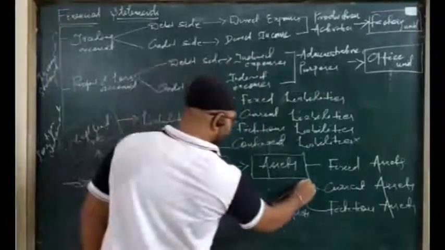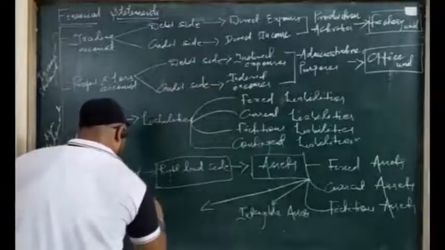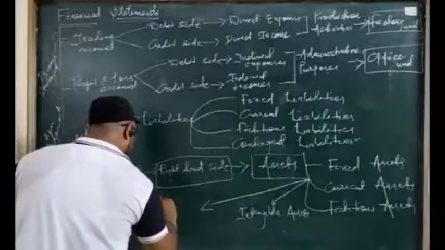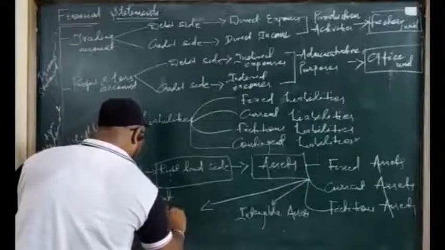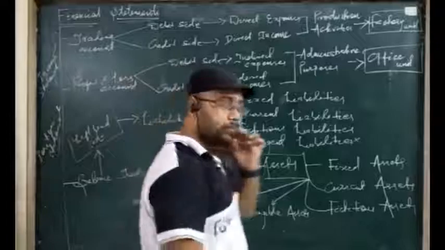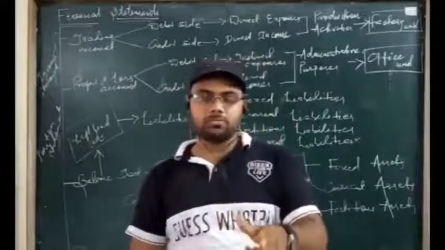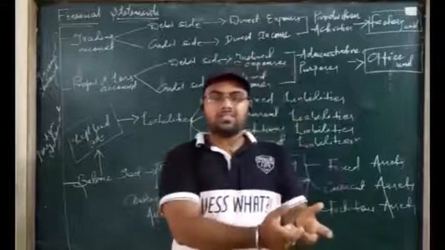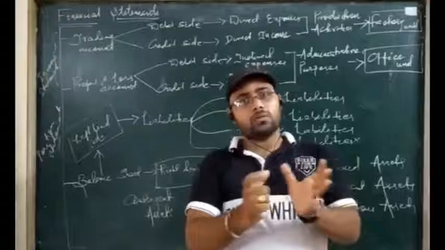Then another type of asset is contingent asset. Likewise, the contingent liability, contingent assets are also having very less chance to occur in the business organization. So coming to the examples of contingent assets and liabilities, I have also told in the specimen part what contingency means and what kind of contingent liability exists in the business organization and what kind of contingent asset exists.